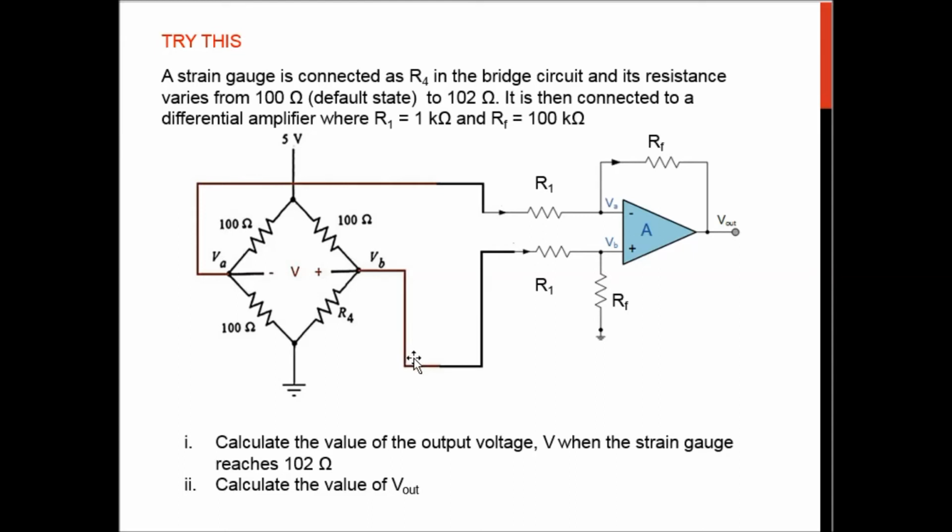Okay, so this is an example where the differential amplifier is connected to a sensor, in this case a strain gauge. First, calculate the value of the output voltage, which is this voltage V, when the strain gauge reaches 102 ohms. This differential voltage is then connected to the differential amplifier here, and the question asks what is Vout. So let's do this together.